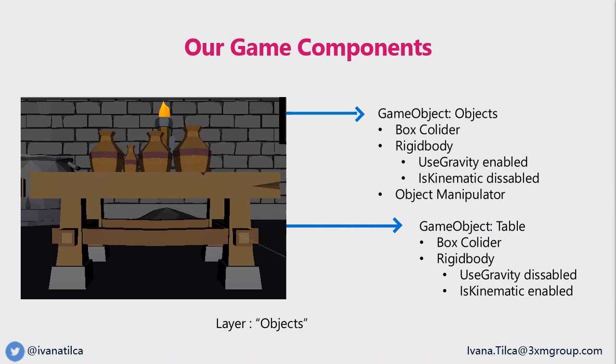I put a rigid body on the table, but it's not necessary. And also we have the different objects that only have a box collider or sphere collider, depending on the object. A rigid body, remember, has use gravity enabled, but is kinematic disabled. And I added also an object manipulator in case you want to grab those objects and put them back on the table. I didn't do it in there because the computer is a little bit different, but you could drop and then grab the candle again and put it on the table using the object manipulator's code.